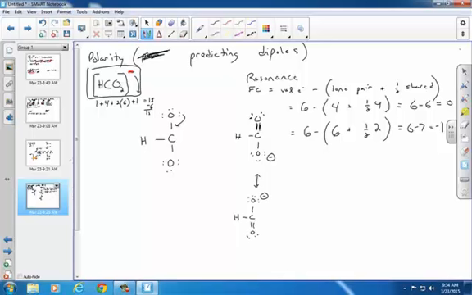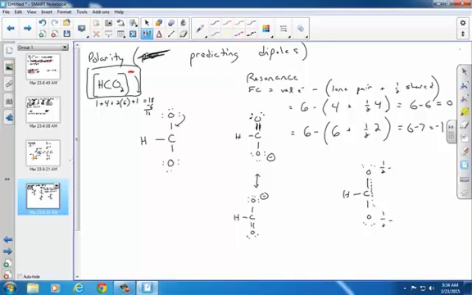But here, I can show that the real structure is going to have those electrons in resonance and a partial negative or half of a negative on each oxygen.